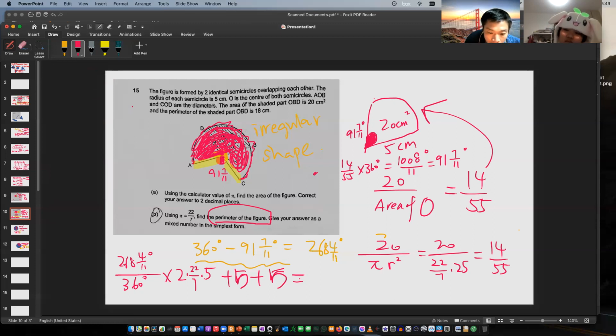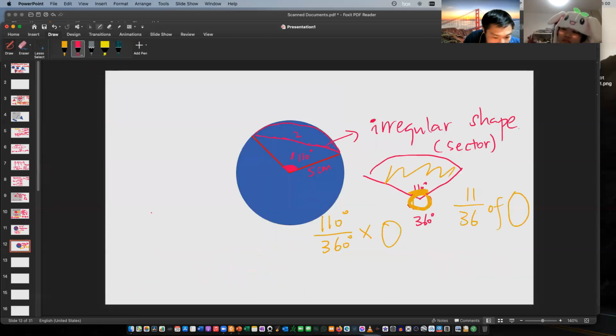Okay, so this question makes use of the concept of irregular shape for circle. So this slide is the key. In fact, your teacher never explained this to you.